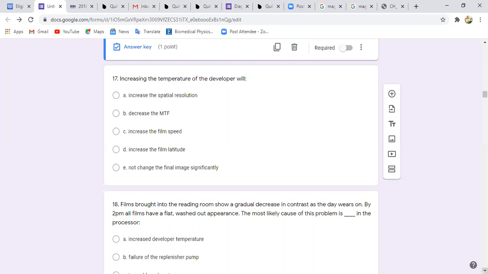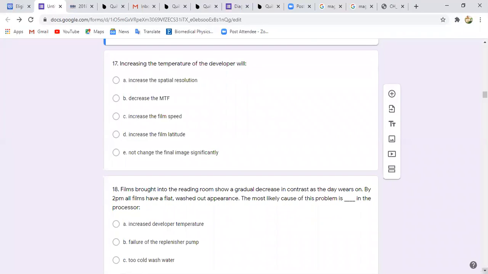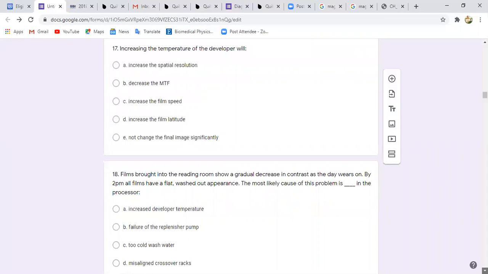If the time is too much, you are going to have an increase in the film speed. And at times, of course, it can lead to overdevelopment that makes the film too dark. So it will increase the speed of the film.